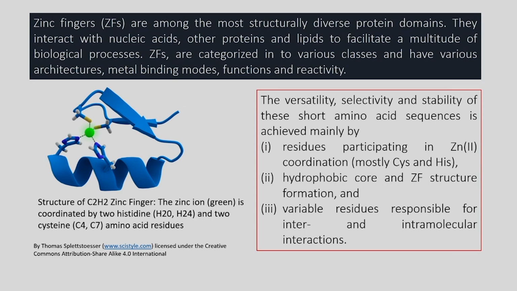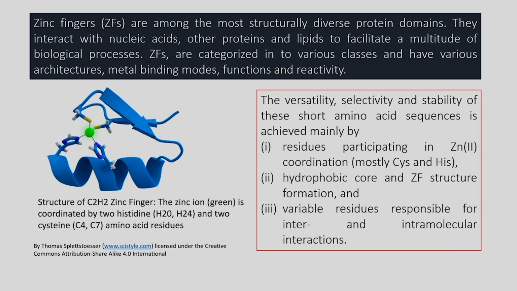So, here you can see the structure of the C2H2 zinc finger, and the zinc ion, which is shown in green, is coordinated by 2 histidine and 2 cysteine amino acid residues about which we have discussed in the previous slide.